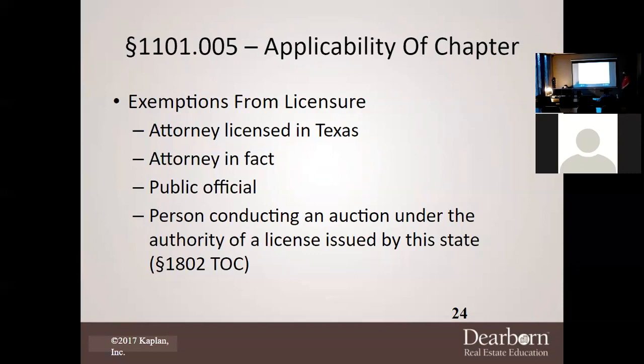If, for example, Mr. Keith is a licensed attorney, and he happens to deal with probate and lists properties for sale maybe two times a year, he most likely does not need a real estate license. He does it on the side.